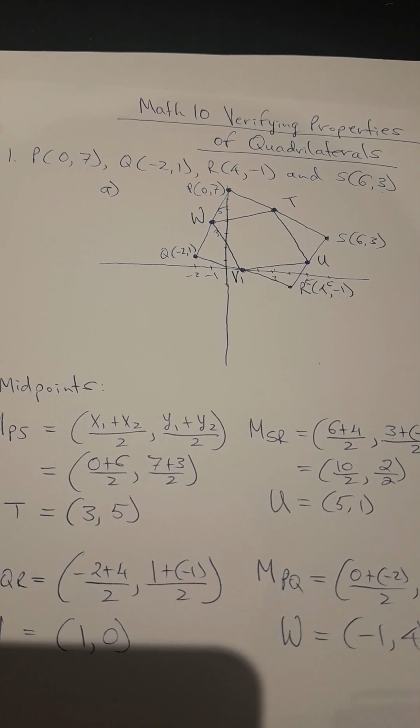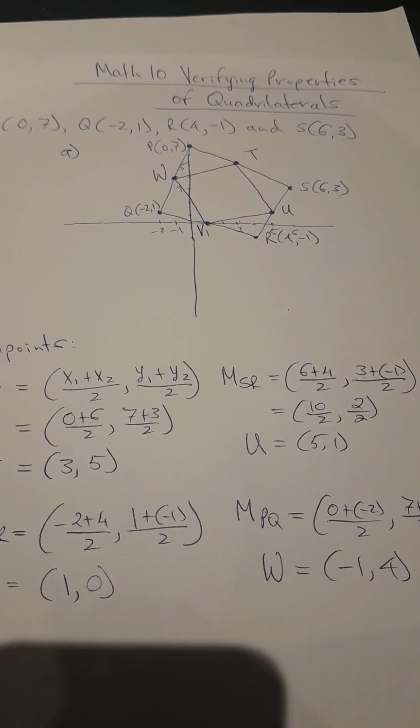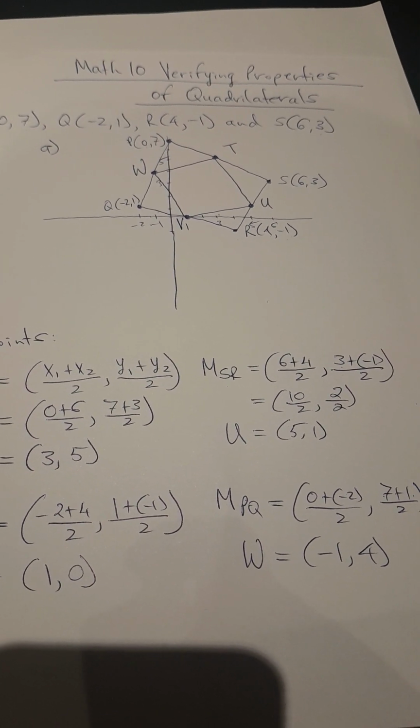So let's try part C right here as well, because part C says, verify that the opposite sides of T, U, V, and W are parallel to each other. So if you look at, let's bring this back really quick. We're going to do basically the slope on the opposite side.